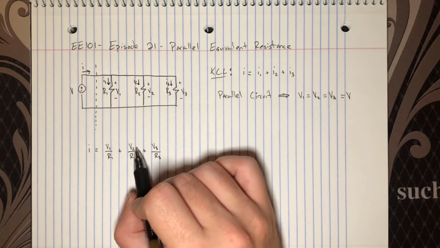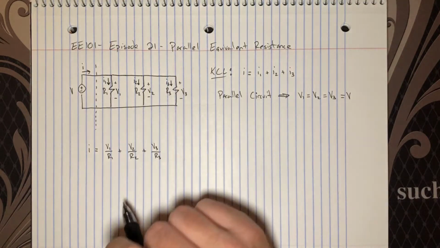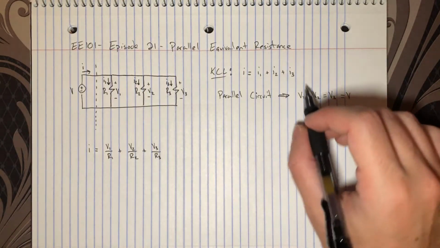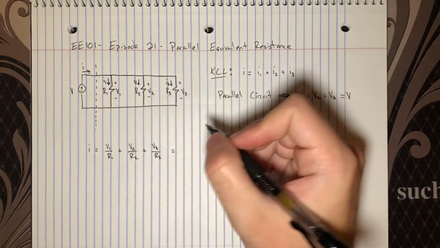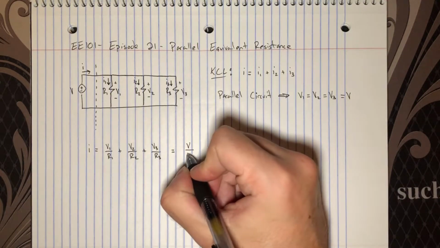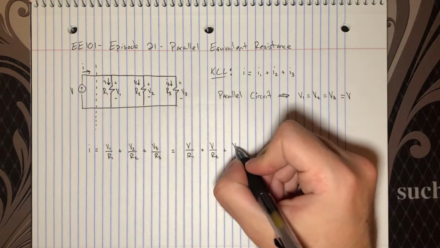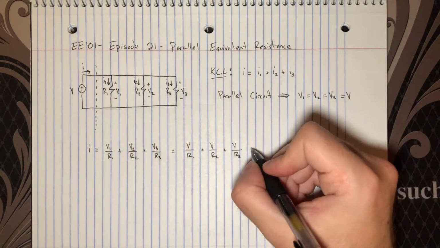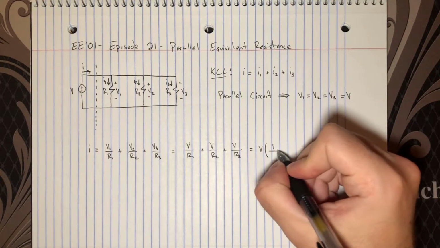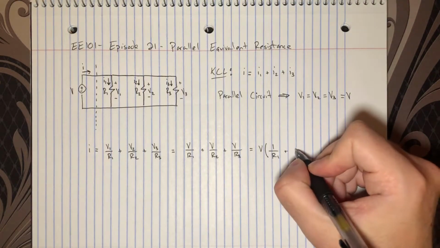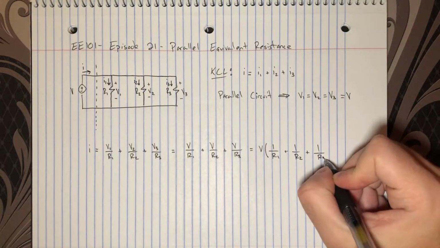So V1 over R1 plus V2 over R2 plus V3 over R3, where these are each a current. These each have units of amps. But we also just realized that all of these voltages are equal, which allows us to express this in this way: V over R1 plus V over R2 plus V over R3. And we can factor that. V times 1 over R1 plus 1 over R2 plus 1 over R3.